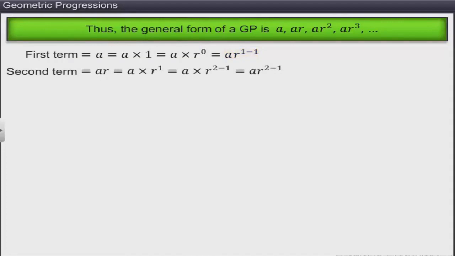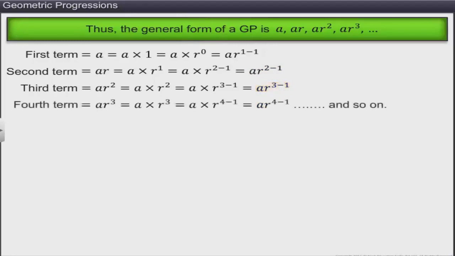The fourth term, A into R cube, can be written as A into R raised to the power of 4 minus 1. This pattern suggests that the nth term of the GP should be given by A into R raised to the power of n minus 1. Remember that the nth term is also called the general term of the GP.